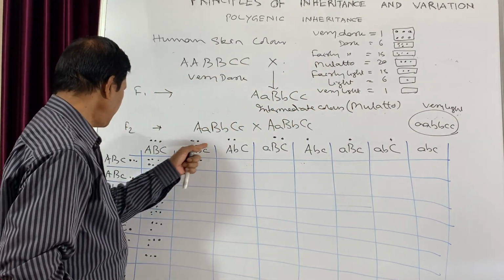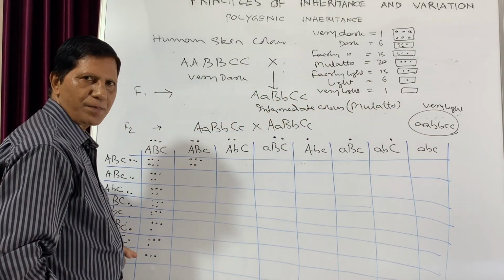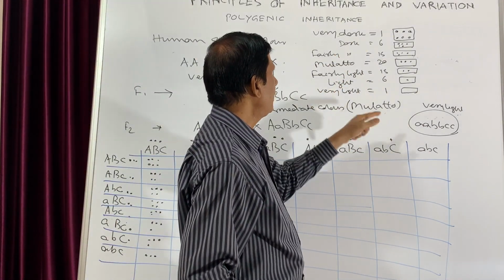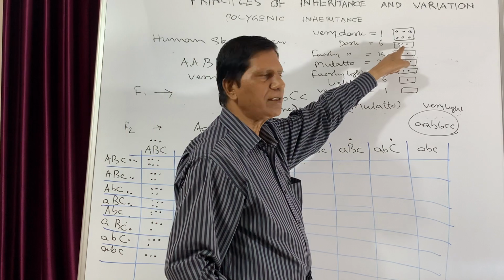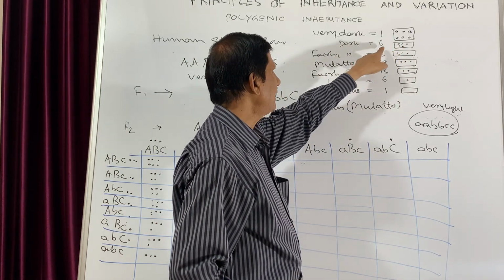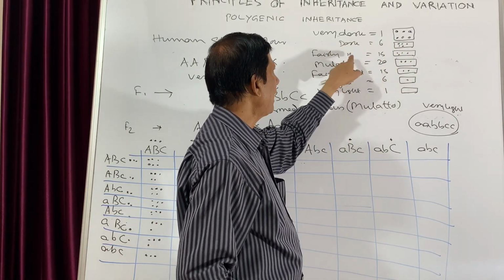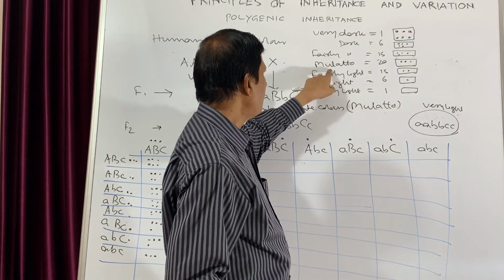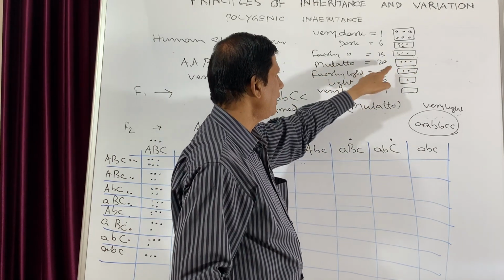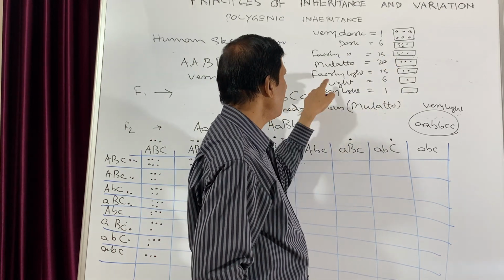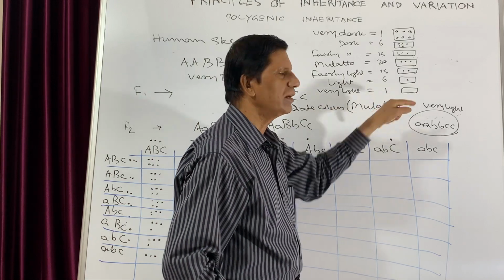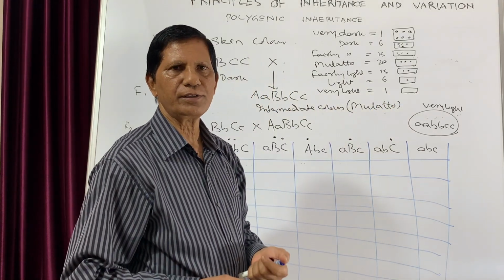That means here 8 into 8. So the numbers can be classified like this: very dark, having 6 dominant genes, 1; dark 6; fairly dark 15, where there will be only 4 dominant genes; and mulatto or intermediate type will be 20, where we will get 3 genes; fairly light 15, 2 genes; and light 6; and very light, there is no dominant gene.